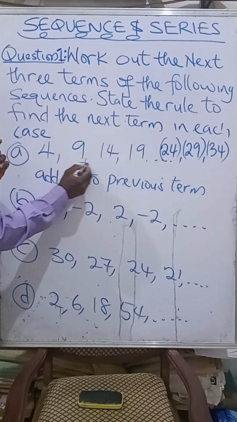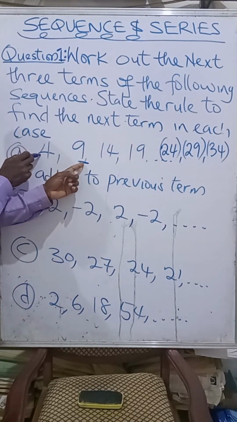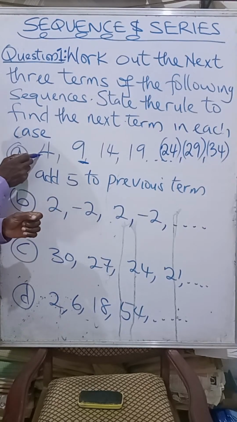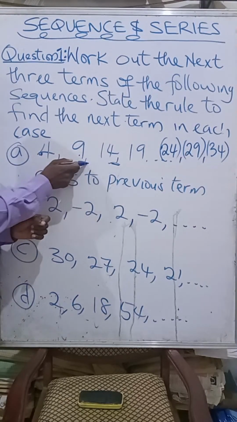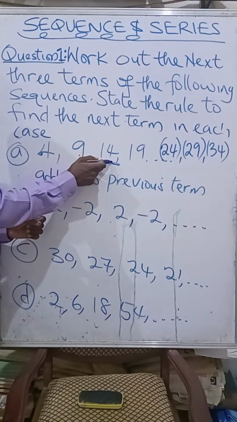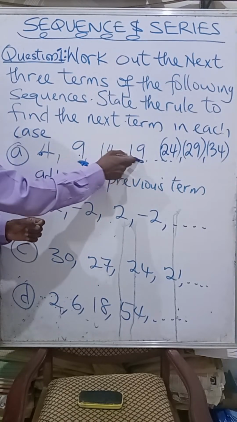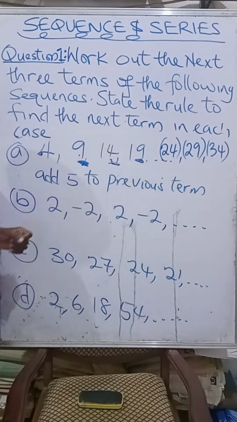To get this one now, you add 5 to the previous number, which is 4. 4 plus 5, we get 9. To get this one also, the previous one is 9, 9 plus 5, we get this. To get this one also, 14 plus 5, we get this. So that's that on the first one. Add 5 to the previous term. That's the rule that governs this sequence.